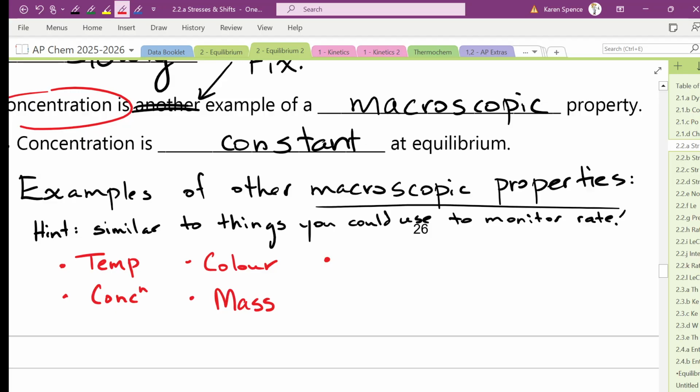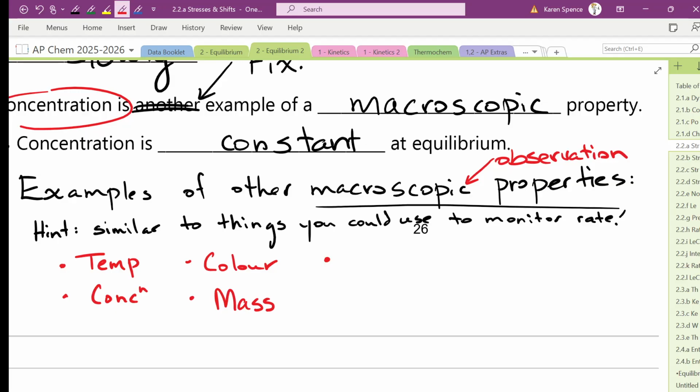Are macroscopic properties only things they use? Macroscopic properties are just observable properties. What would not be changing when you're at equilibrium? Observable during a reaction. If you're saying during a reaction, that implies the reaction is happening and then it's going to be over, and we had a one-way process.